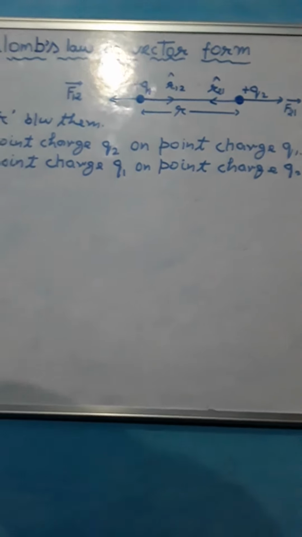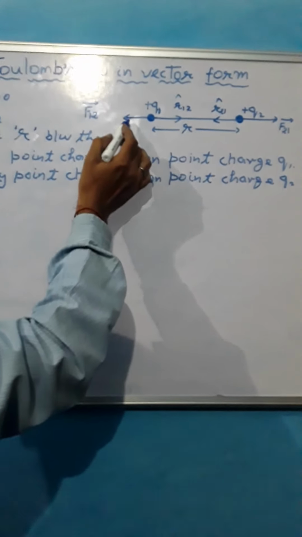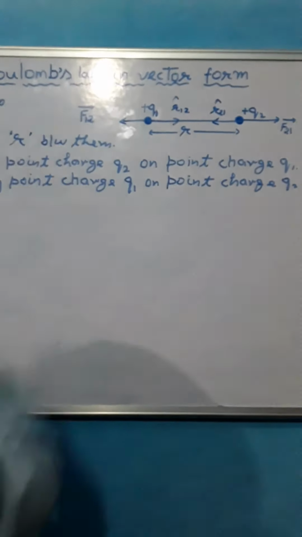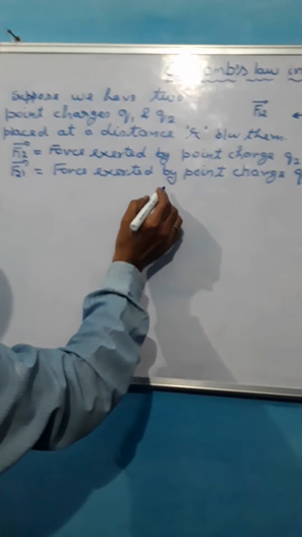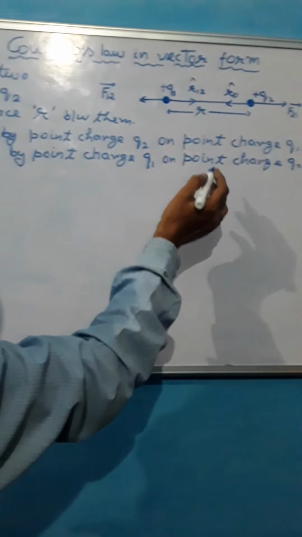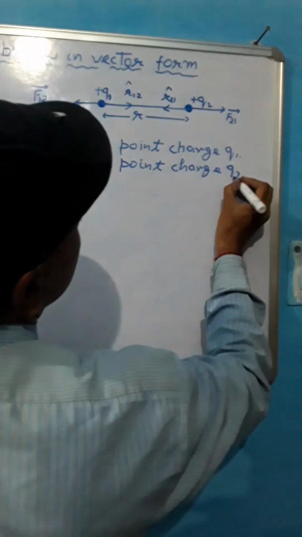So the same basic property: like charges repel each other. You can observe here that Q2 will apply a force of repulsion on Q1, F12, that is force exerted by point charge Q2 on charge Q1. In the same manner, Q1 will also exert a force on Q2, and that has been mentioned as F21, force exerted by point charge Q1 on point charge Q2.